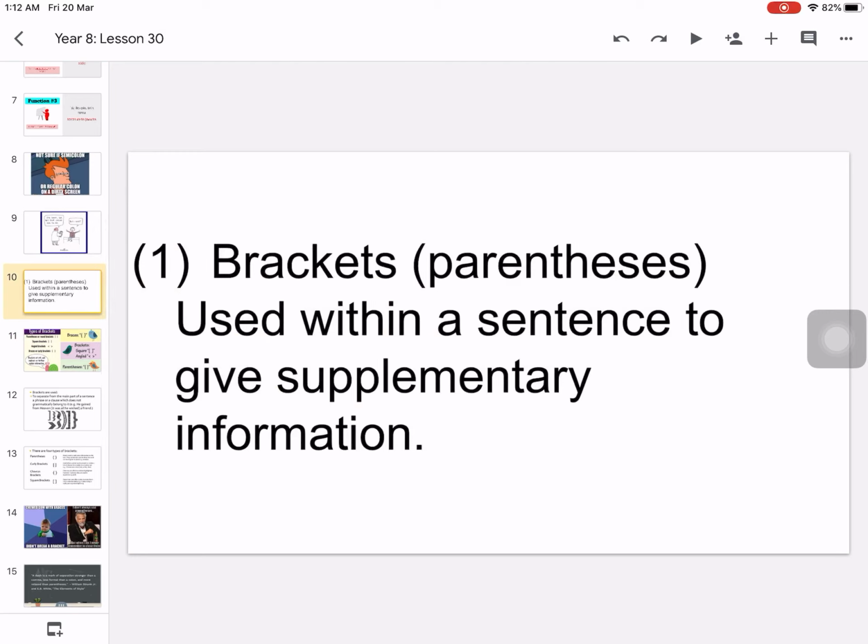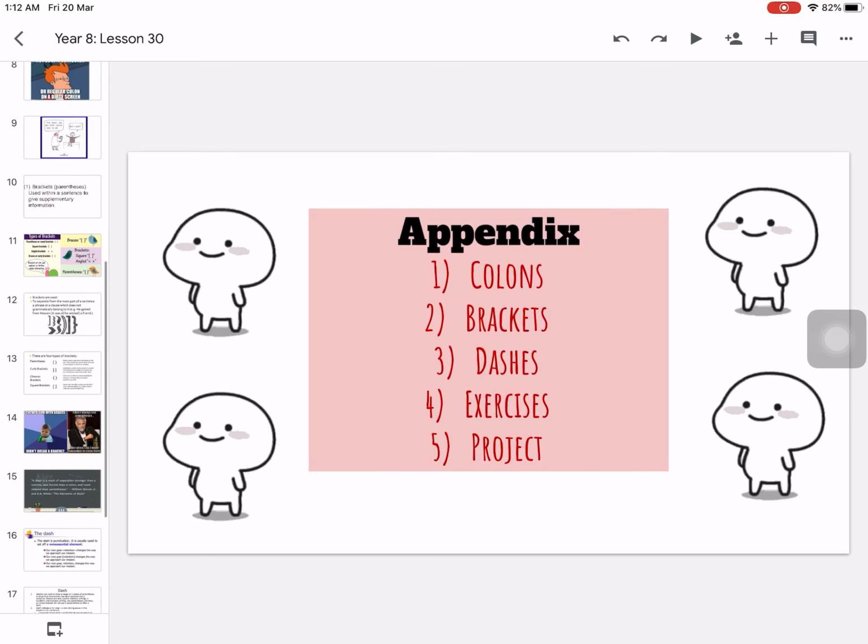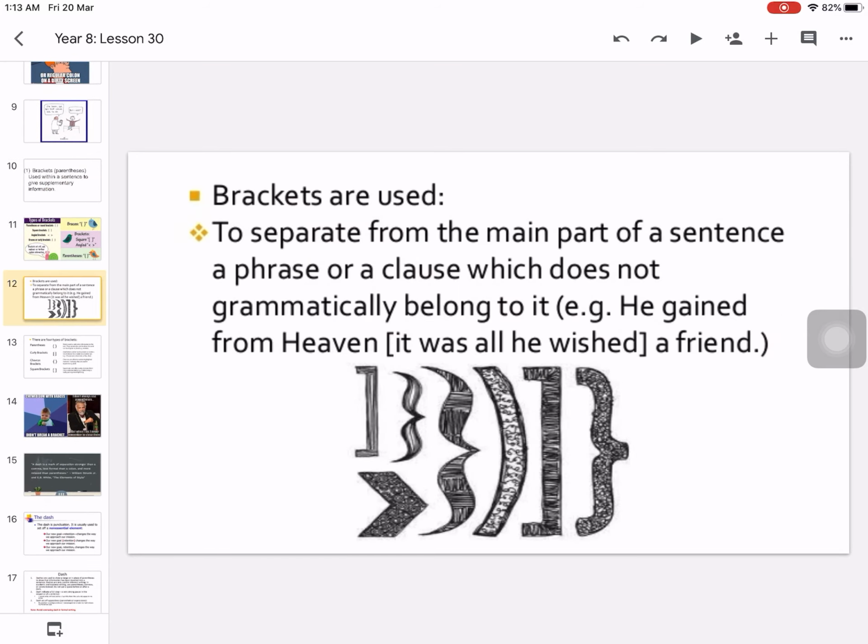It is used within a sentence to give supplementary information. Can you see how they are all the same? Colons, brackets, dashes, they are all the same, but differ in the formality of using them. Brackets are used to separate from the main part of a sentence a phrase or a clause which does not grammatically belong to it.